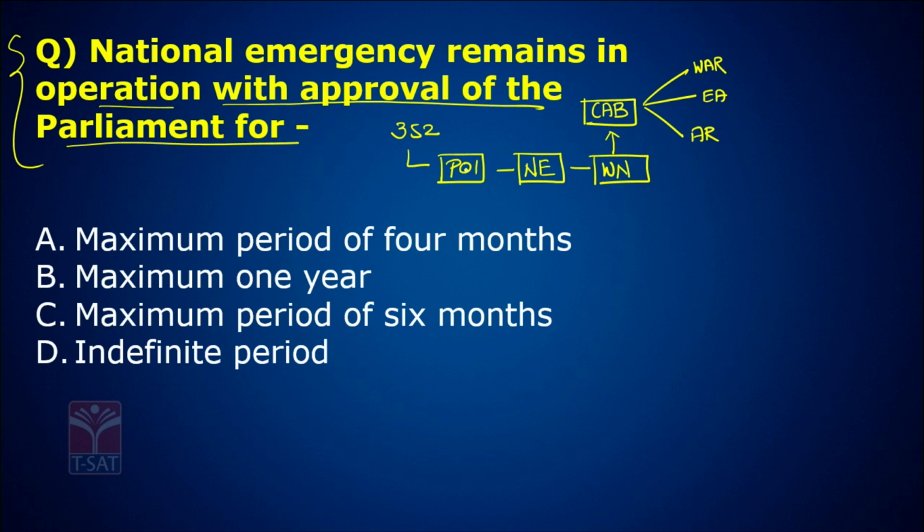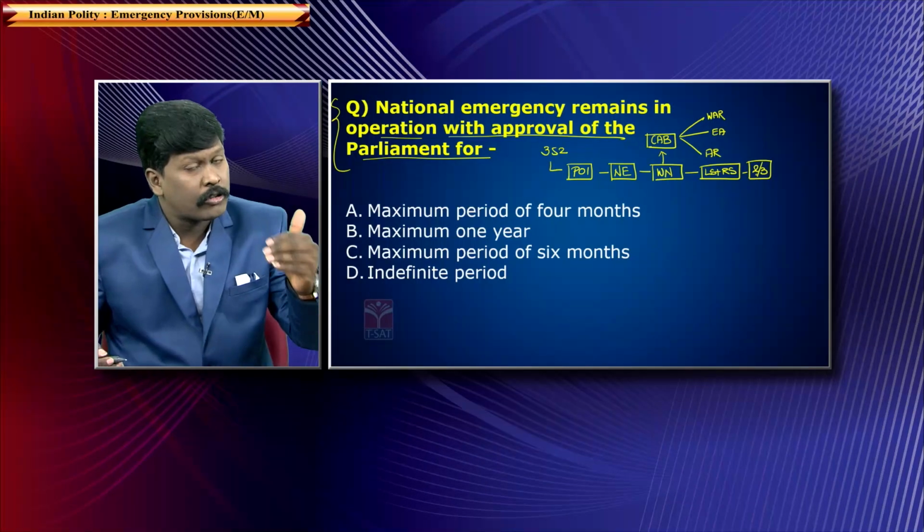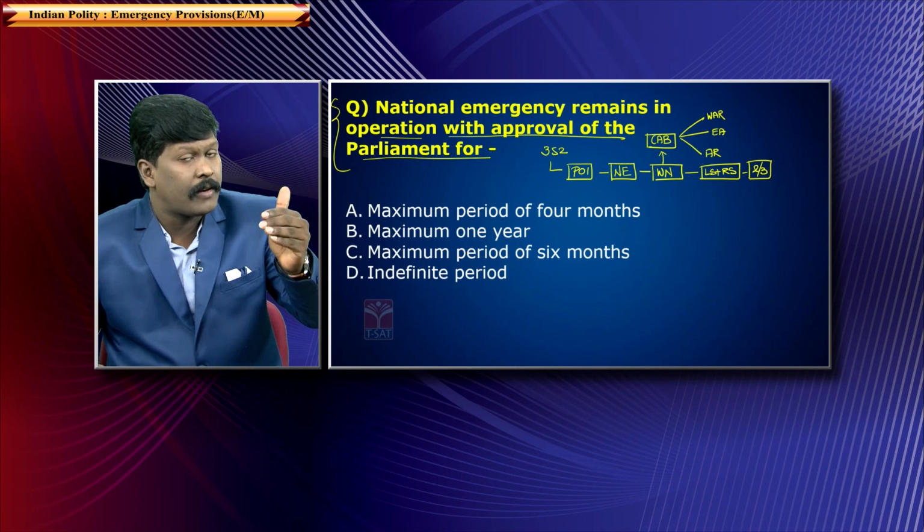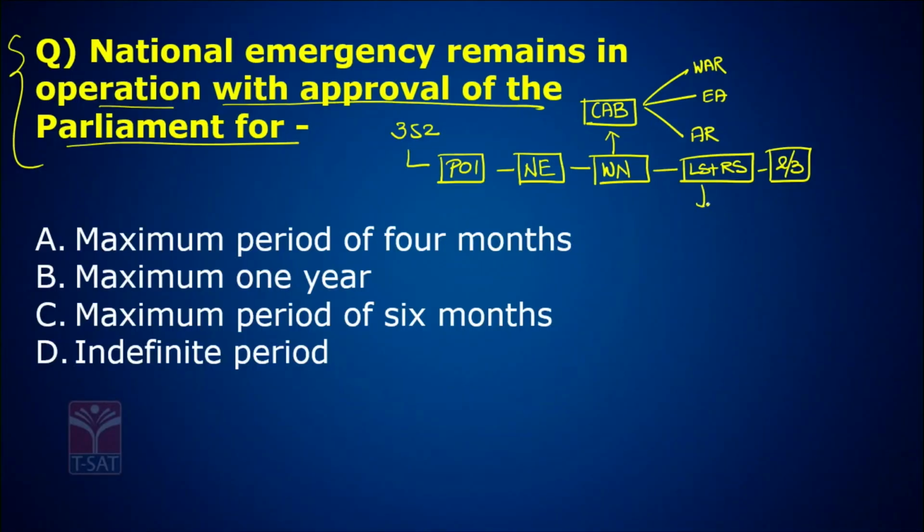After the President's proclamation of the national emergency, the emergency continues when both Lok Sabha and Rajya Sabha accept it by two-thirds majority. When Lok Sabha and Rajya Sabha accept the national emergency, the emergency continues for 6 months. To continue further for 6 months, a fresh resolution has to be accepted by Lok Sabha and Rajya Sabha again.